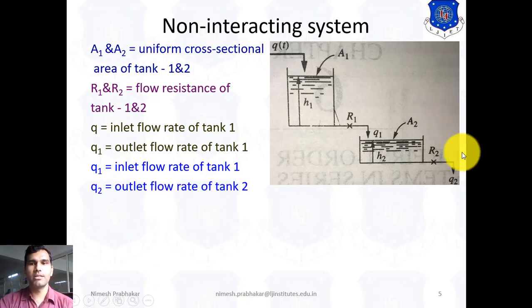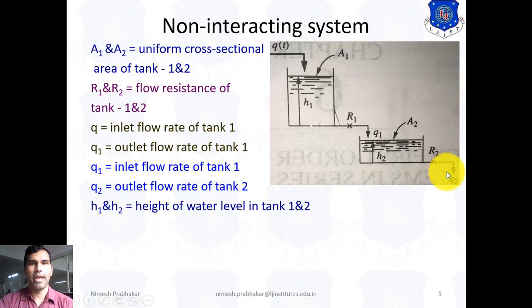Now Q2 is the outlet flow of tank 2, and H1 and H2 indicate the level of water inside tank 1 and tank 2 respectively.